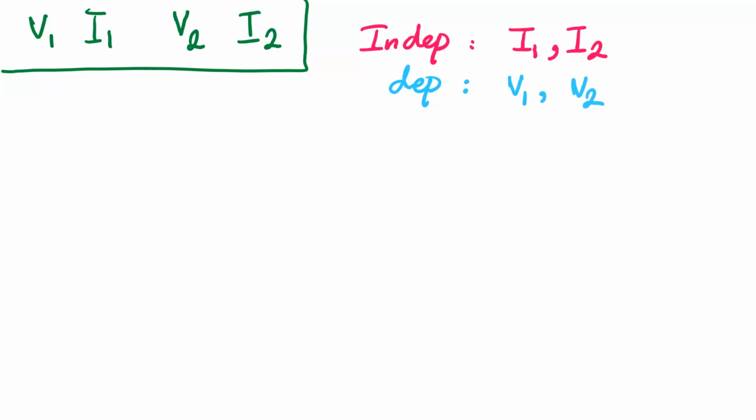The second approach is the opposite of this one. So in the second approach, my independent variables would be V1 and V2, and my dependent variables would be I1 and I2.